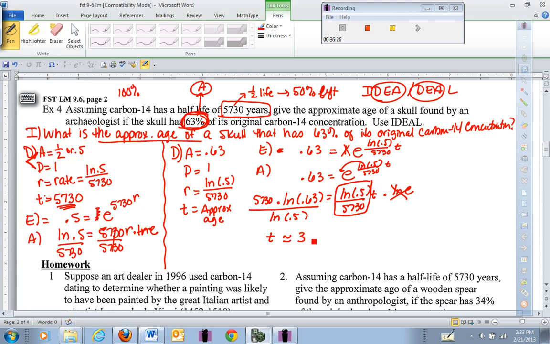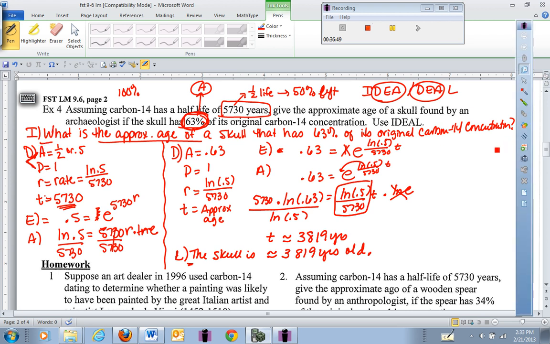We'll try that. 3,819 years. Okay, so then for our L, we're going to say the skull is approximately 3,819 years old. Okay? Notice I have a capital letter, period on the end. I had a capital letter here with a question mark for my question.